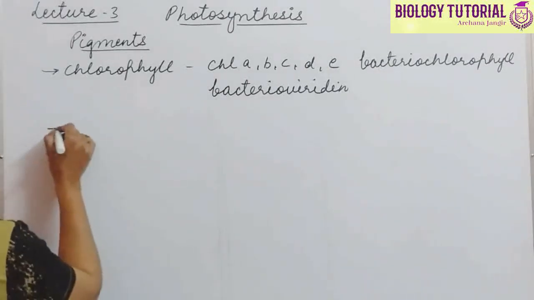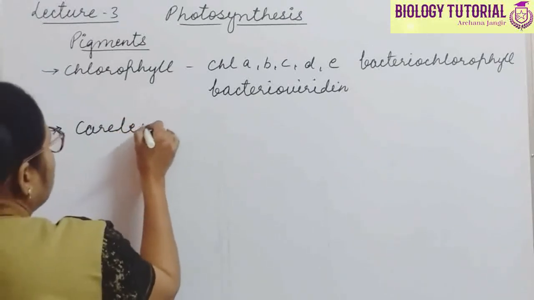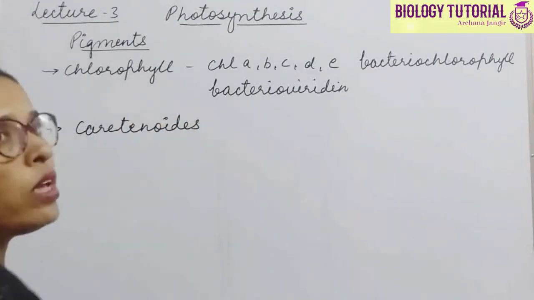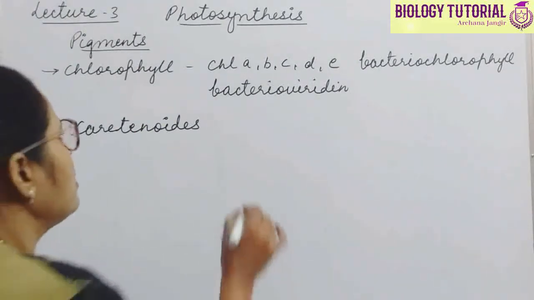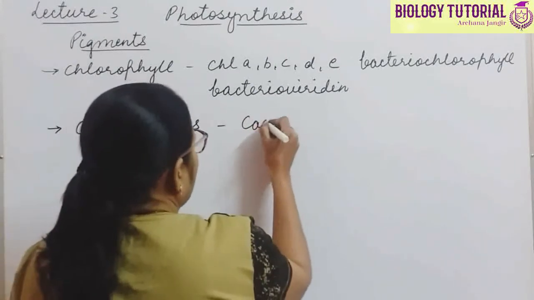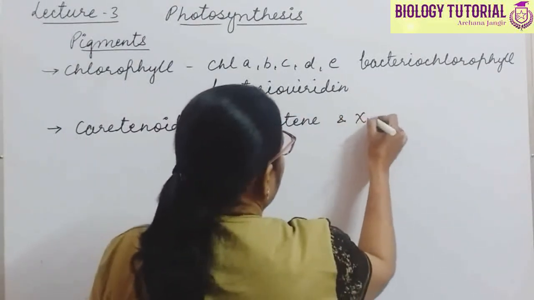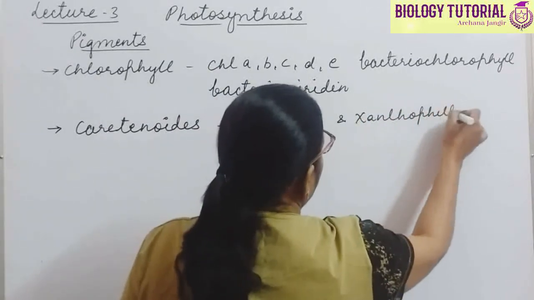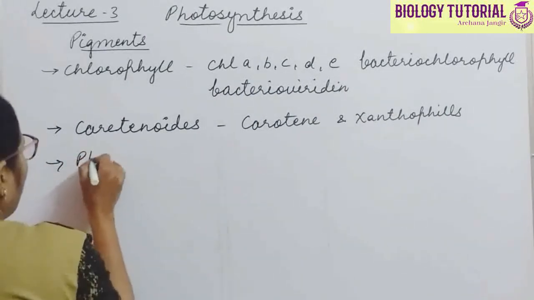Next, the pigments responsible are carotenoids. There are two important types of carotenoids, that is carotene and xanthophylls. And the next pigment is phycobilins.